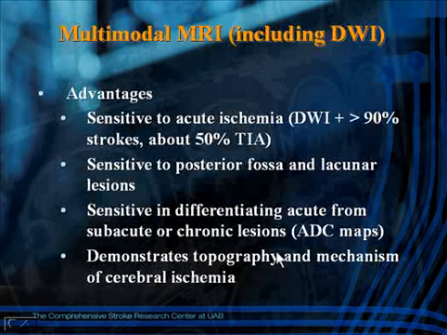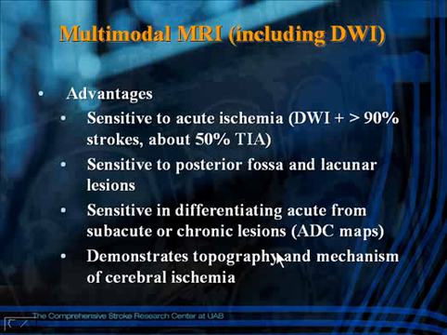Now, switching to multimodal MRI scan, magnetic resonance imaging, including DWI, which stands for diffusion-weighted imaging, it is very sensitive to acute ischemia. Over 90% of strokes can be visualized readily right on admission, and it is also positive in about half of patients with TIAs.